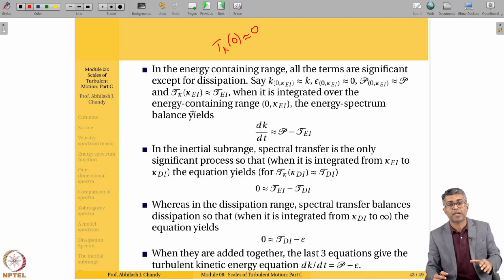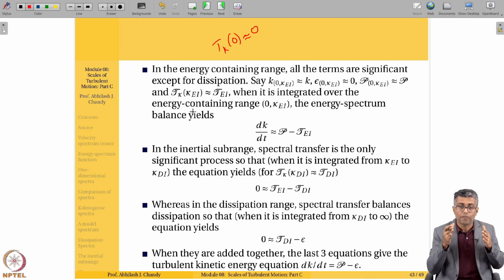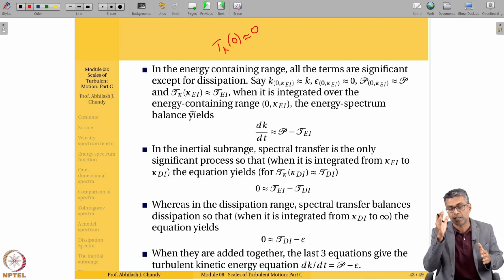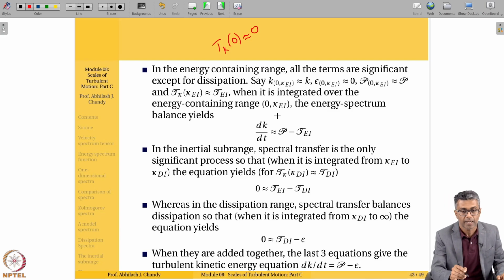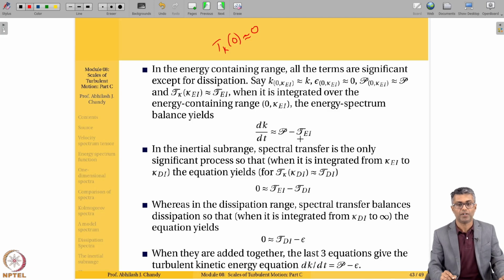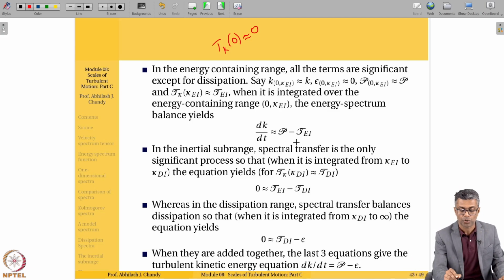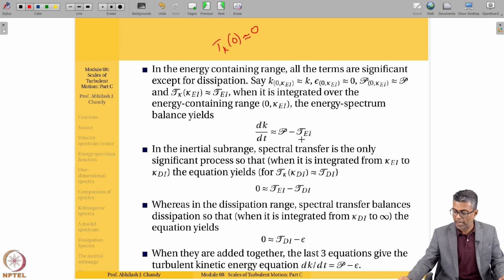So when it is integrated over that entire energy containing range, that is 0 to kappa EI, the energy spectrum balance will yield dk dt. You have only production and you don't have dissipation, so you have minus TEI. Why?